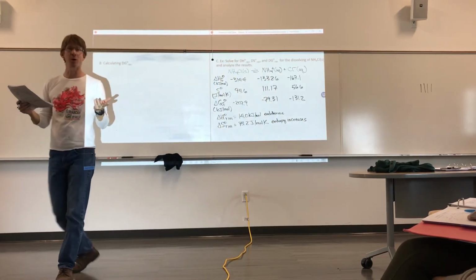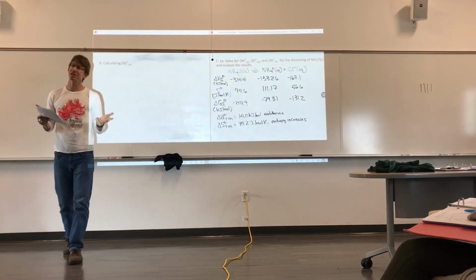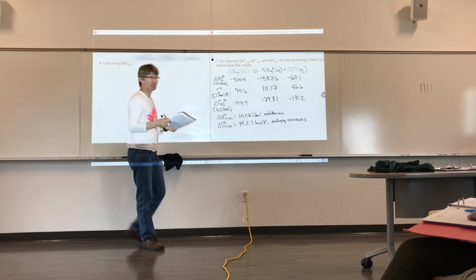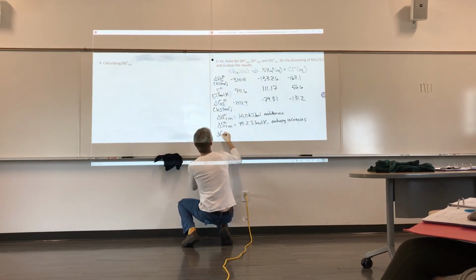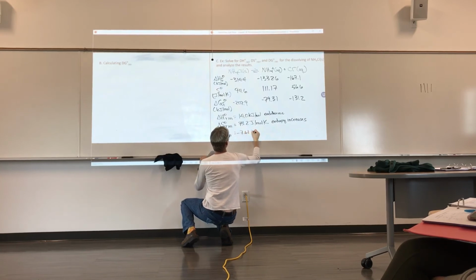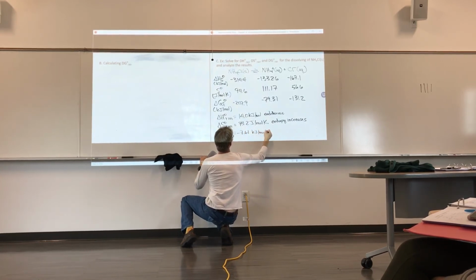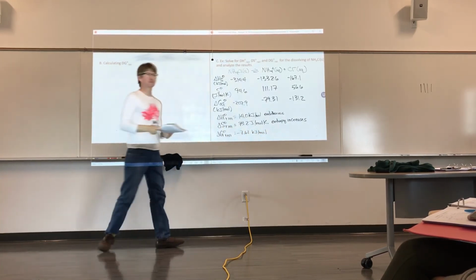And the question then is, what is delta G? Delta G naught reaction in this case is minus 7.61 kilojoules per mole.